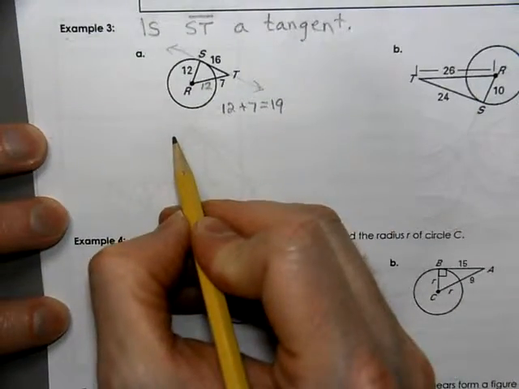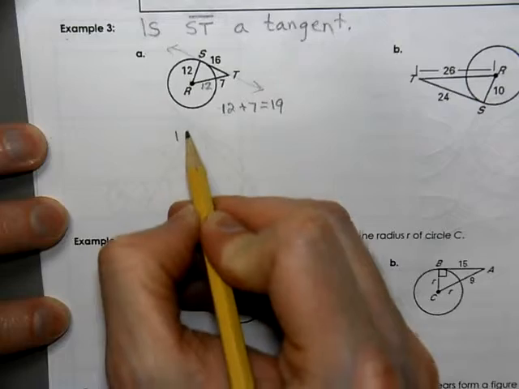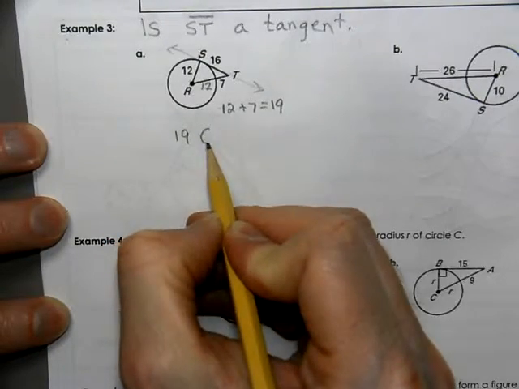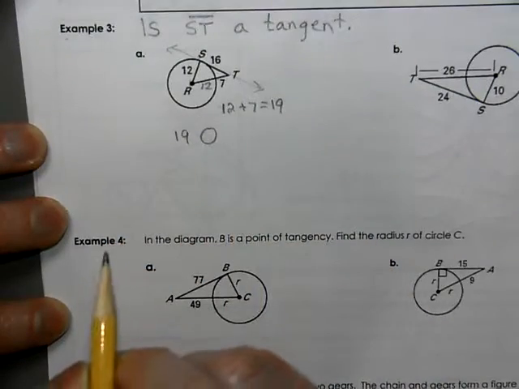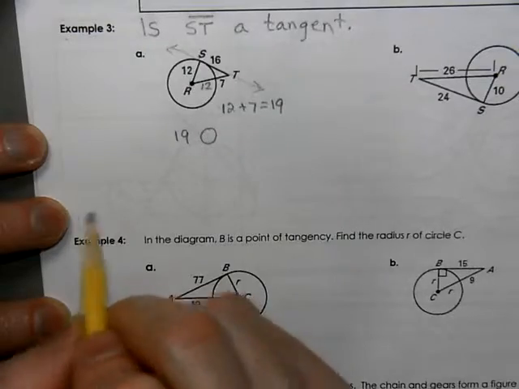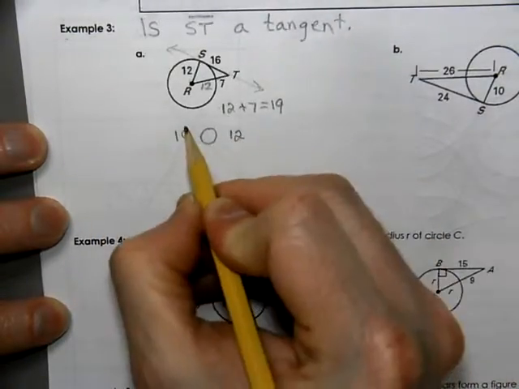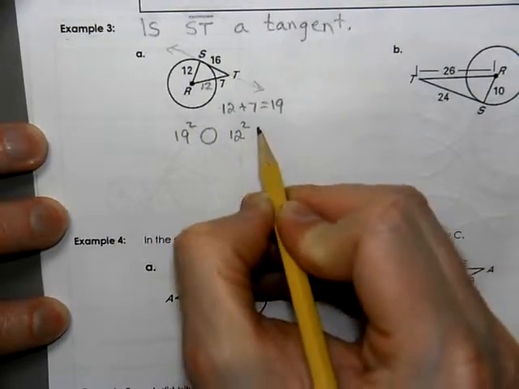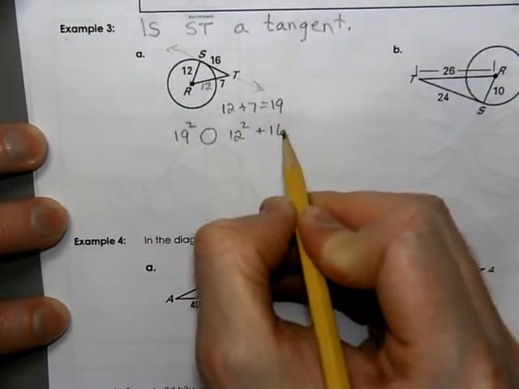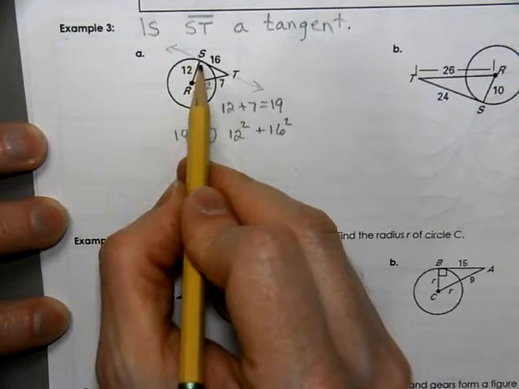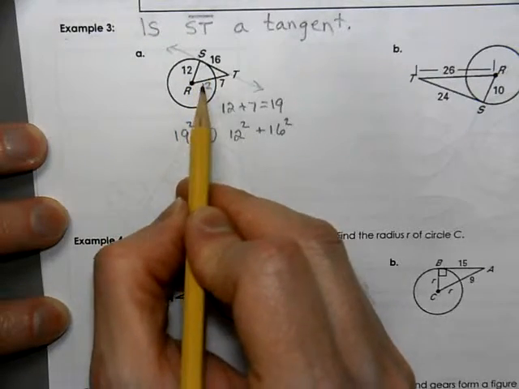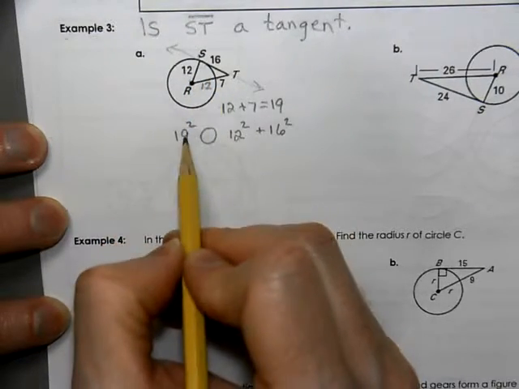So what we're going to see is, is 19 going to be equal to, greater than, or less than? Let's find out. 19 squared versus 12 squared plus 16 squared. If that is your right angle, then the 19 would have to be your hypotenuse.